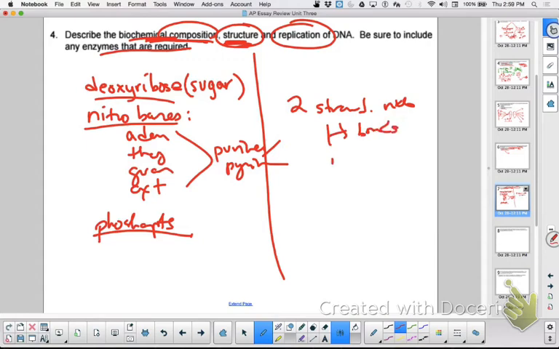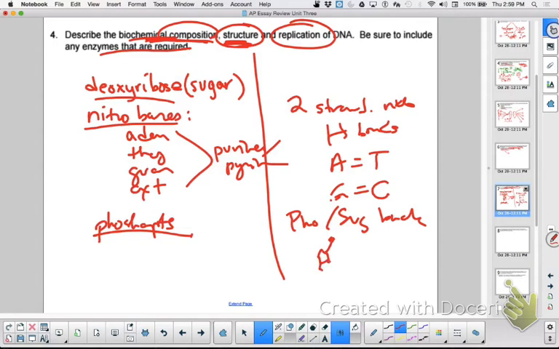I would say A has 2 H bonds to T, and G has 3 H bonds to C. I'd talk about the phosphate sugar backbone, and I'd be able to do some simple diagram of it. Should we say it's anti-parallel? Yes, anti-parallel, that's great. And definitely the 5 prime to 3 prime. Just do a simple picture to show that you know how it's set up.